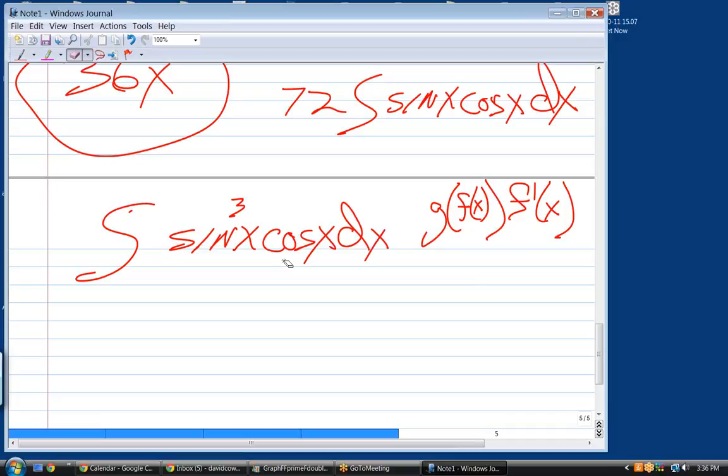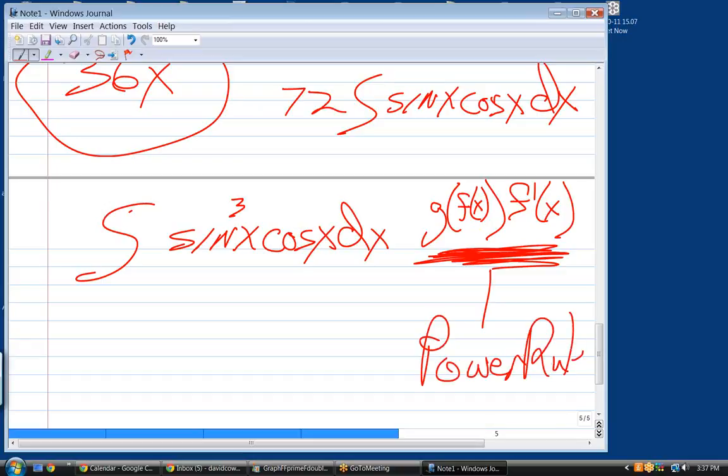But the actual secret is recognizing that whenever you have a composite function multiplied by the derivative of the inside, then you can use power rule. Okay. That's an easy way to integrate, believe it or not. They get a whole lot tougher. Every technique becomes harder and harder.